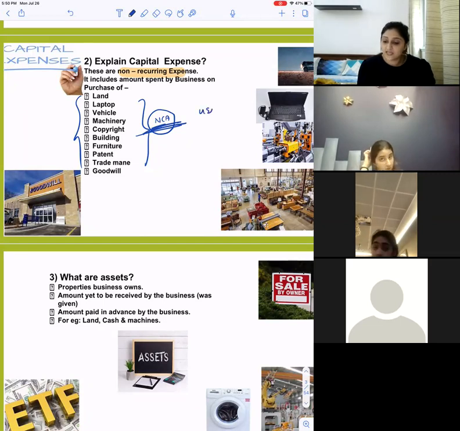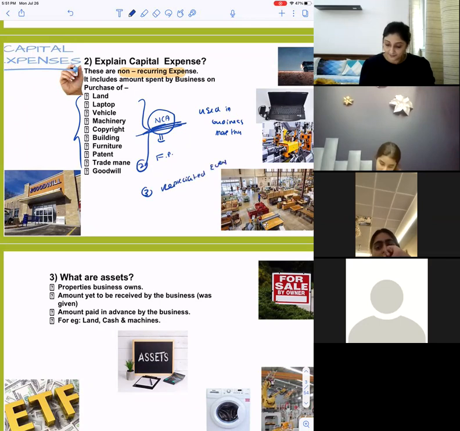They are used in business for more than a year. Another thing, it comes in the statement of financial position. Another thing about non-current assets, they are depreciated every year.